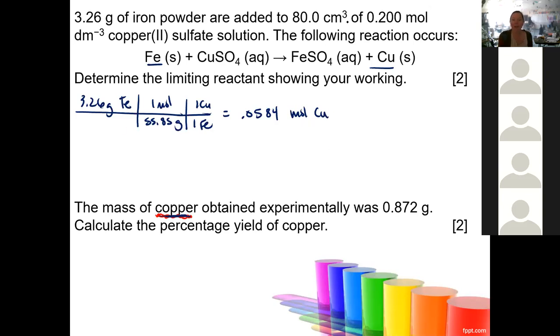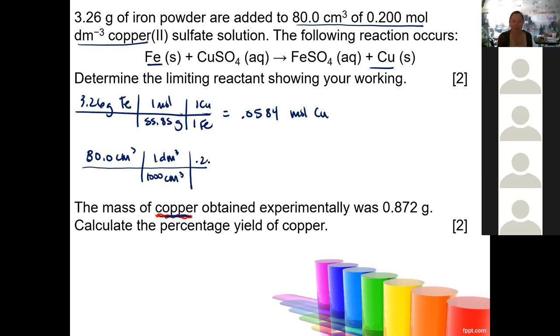Let's do the same thing with our 80 cubic decimeters of 0.2 blah, blah, blah. So I have 80 centimeters cubed. Turn those cubic centimeters into cubic decimeters, 1,000 cubic centimeters in 1 decimeter. Turn my decimeters into moles.